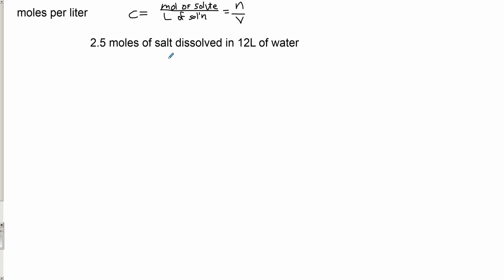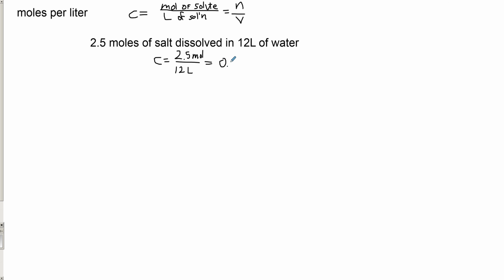So all I need to do is go C equals moles of solute, which is 2.5 mole, divided by liters of solution, 12 liters. And again, we do our math. So 2.5 divided by 12 gives me 0.21.